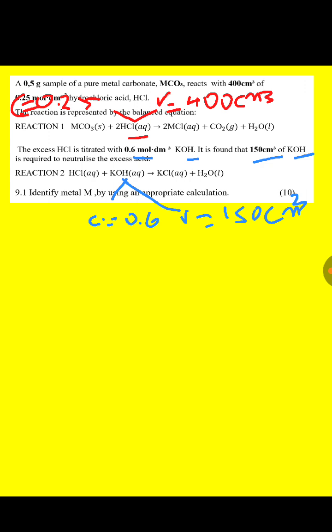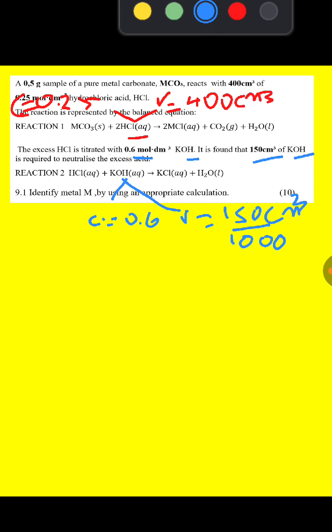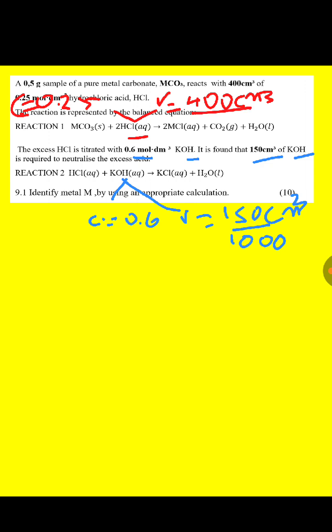This one must be divided by 1,000 so that it is in cubic decimeters. Even the other volume here must be divided by 1,000.